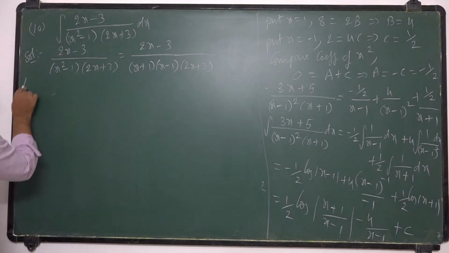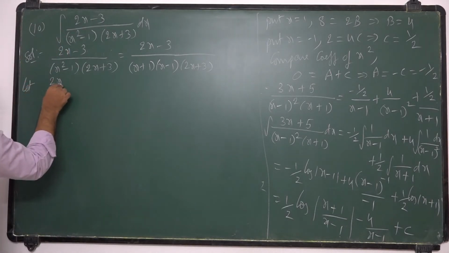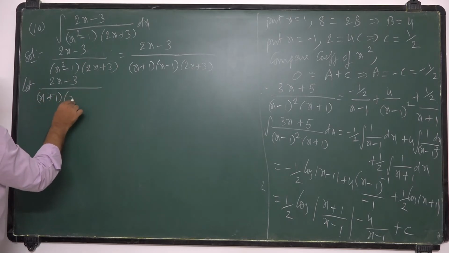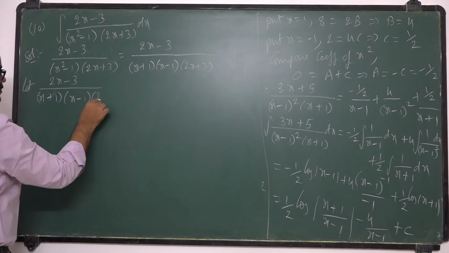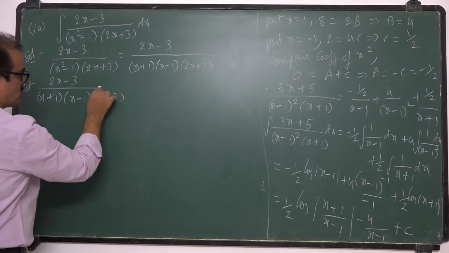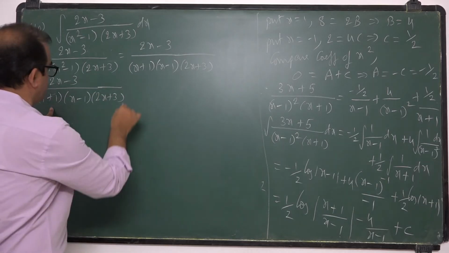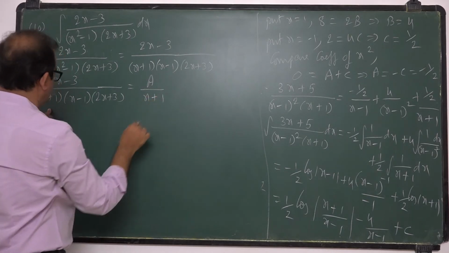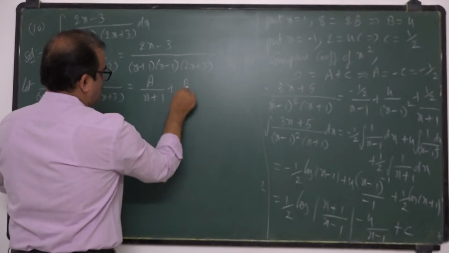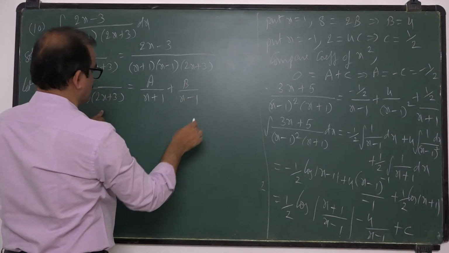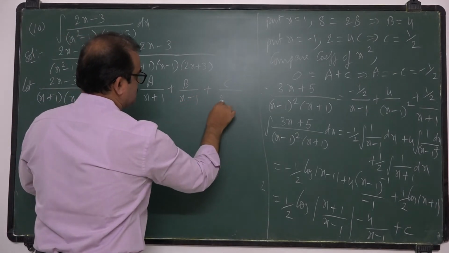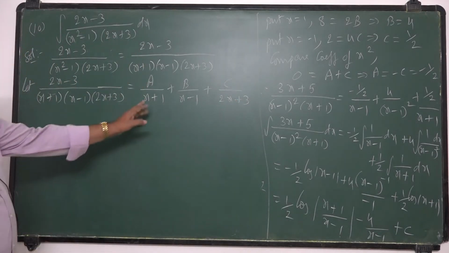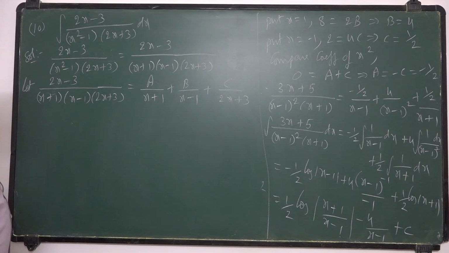Let this be equal to A by x plus 1, B by x minus 1 plus C by 2x plus 3. Now we find the values of A, B, C.